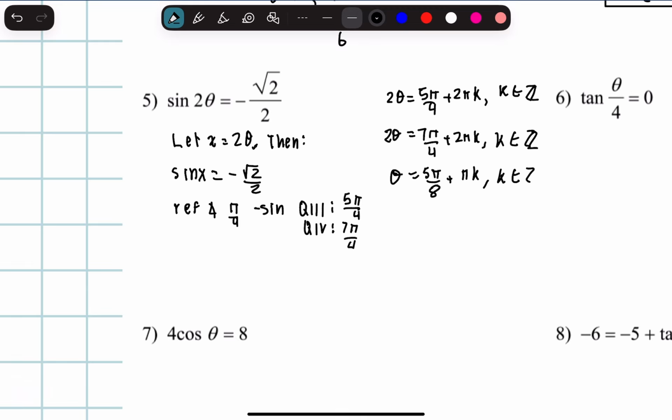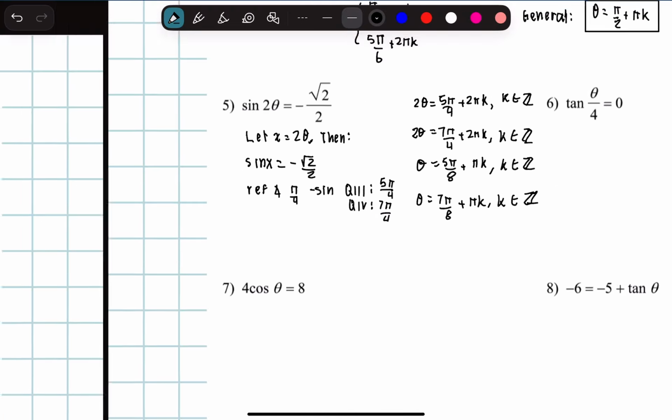It's going to be like this. Theta, we have 7 pi over 8 plus pi k. K again is a subset of the integers.